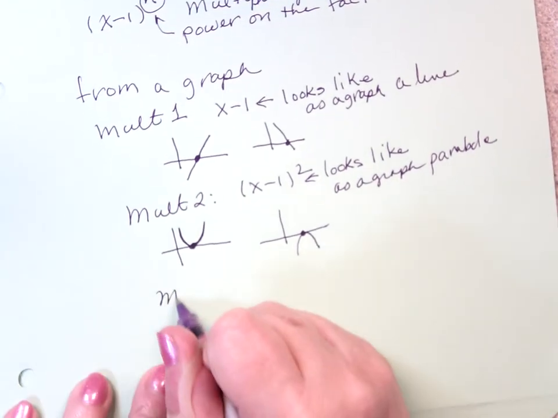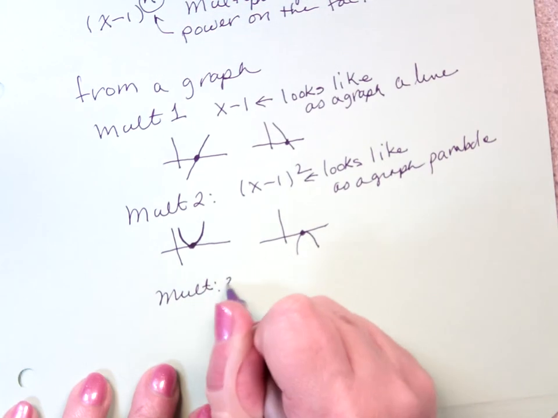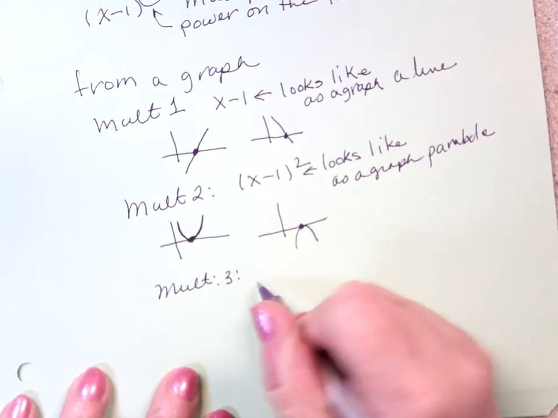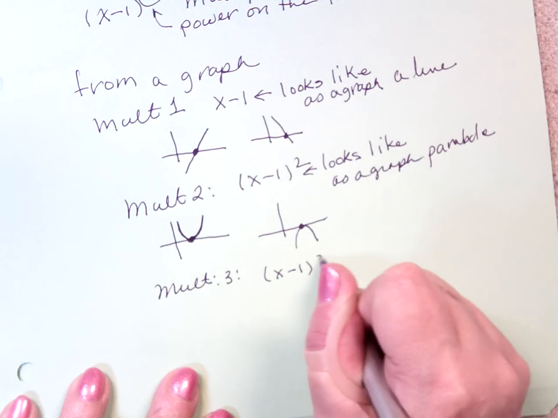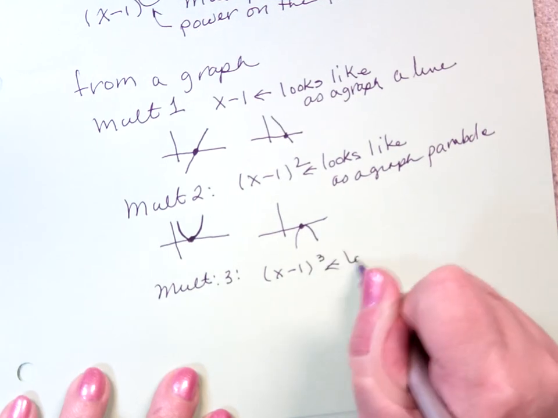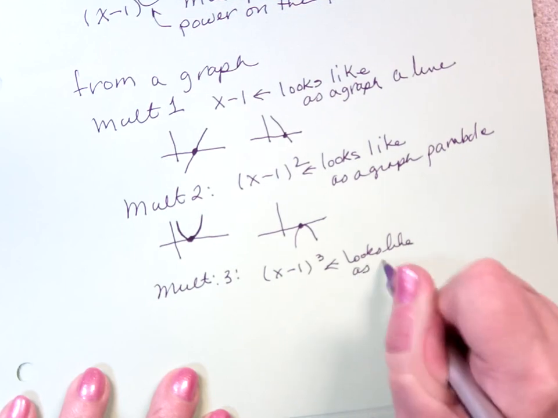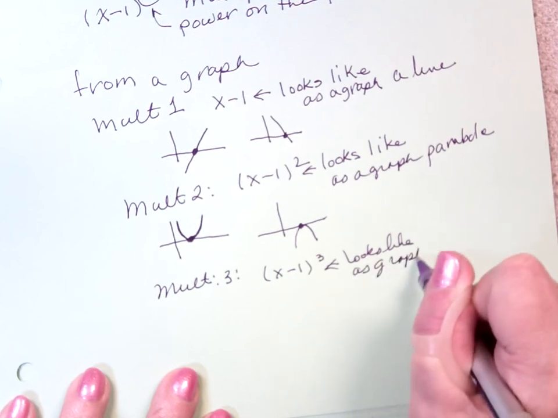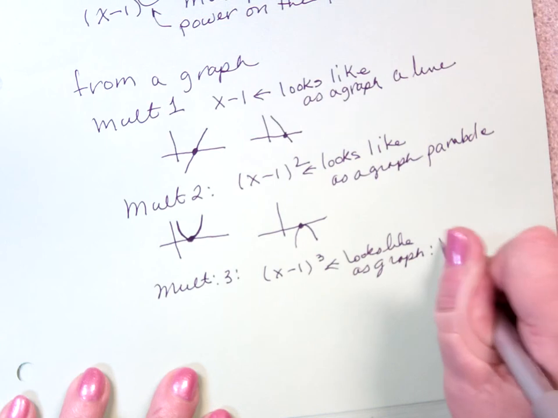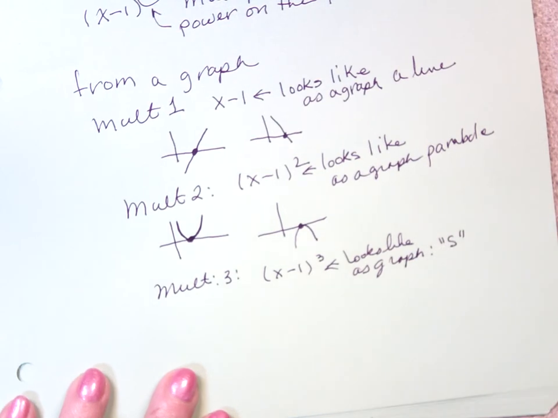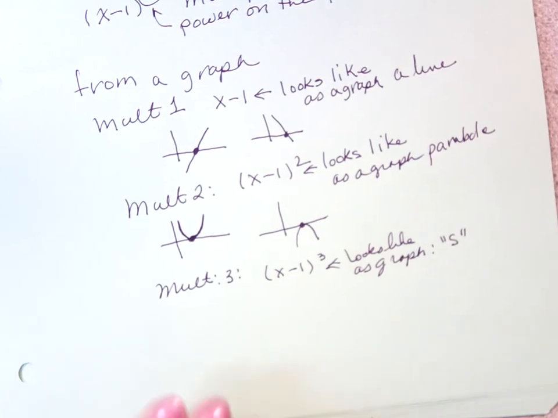If I were looking at multiplicity 3, that would be x minus 1 cubed. This looks like, as a graph, what? Looks like an S curve. Looks like x cubed.